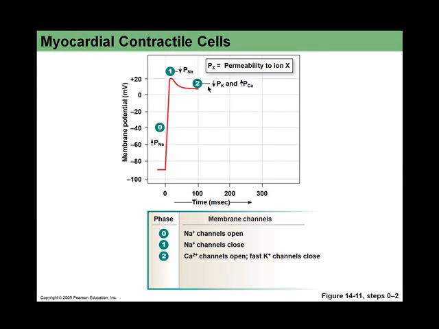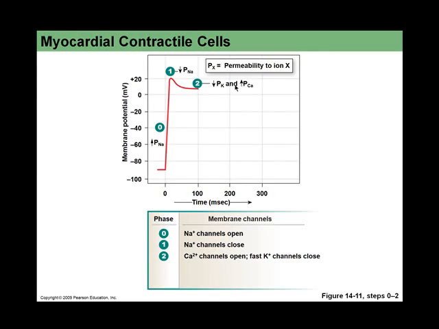Well, what's happening here is we have a decreased potassium permeability. The fast potassium channels are closing. So there's a fast potassium channel population that's going to contribute to some of this repolarizing event, but they will close.